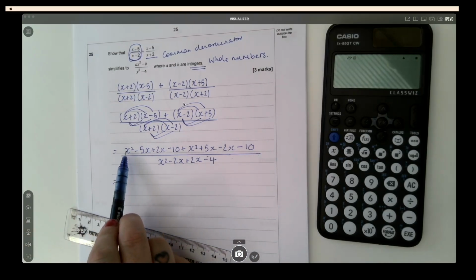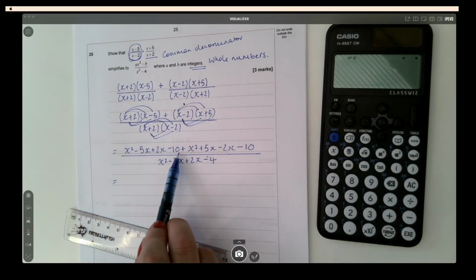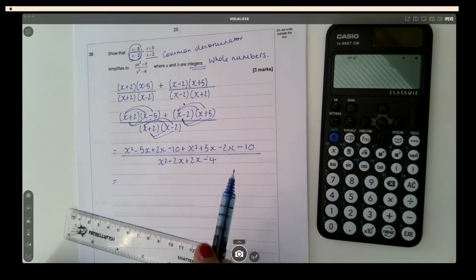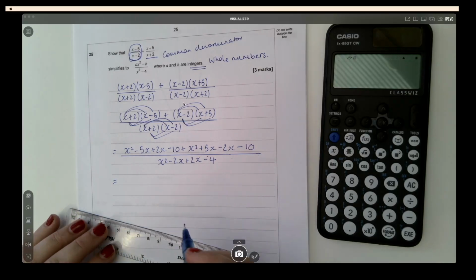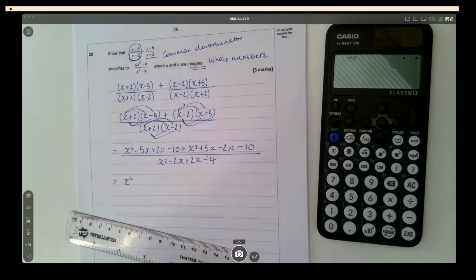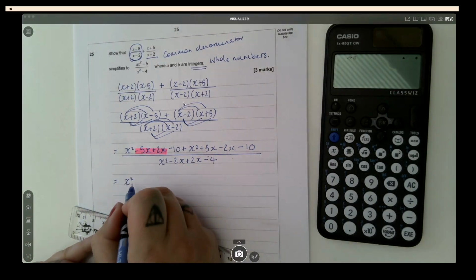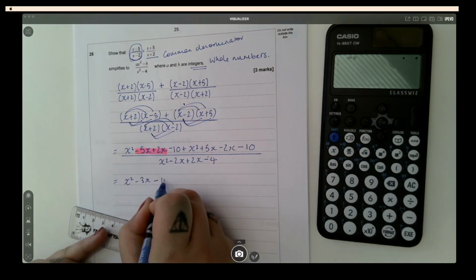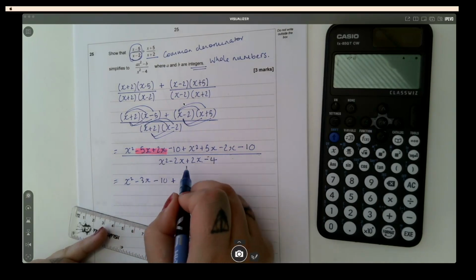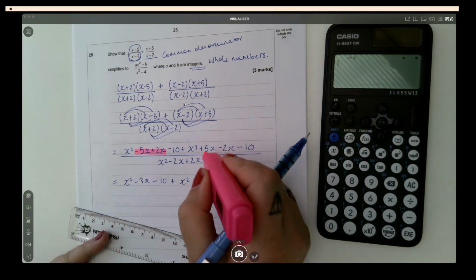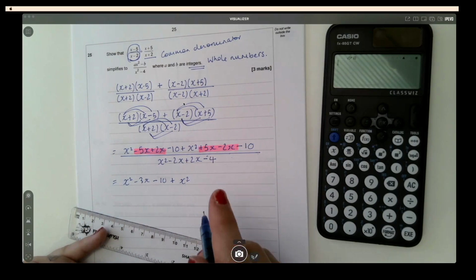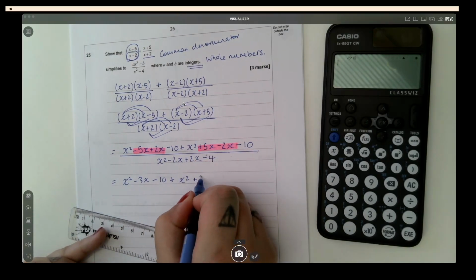So I'm going to simplify each of these sets of brackets that I expanded so I have less terms to deal with when I simplify and collect like terms later. So x squared, we have negative 5x plus 2x. So that's negative 3x, subtract 10, plus x squared. And then we've got 5x subtract 2x, which is positive 3x.